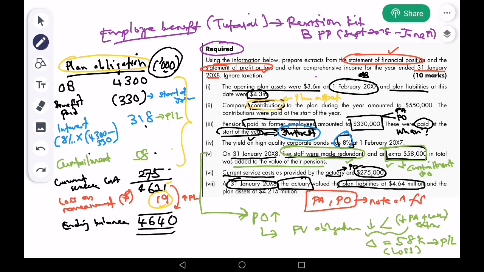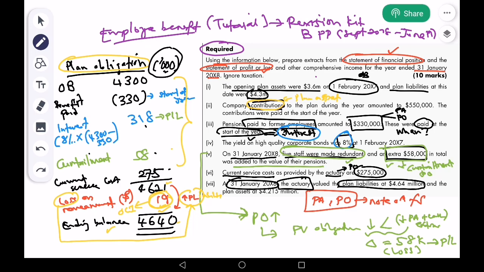So in the essay later, you just write this loss on remeasurement from this balancing figure will be entered to where, class? This is OCI. Why loss? As I mentioned to you, increase in your planned liabilities. So that is considered planned obligation, class. So at the end, you can see loss on remeasurement for obligation will be 19. Your ending balance will be 4640.